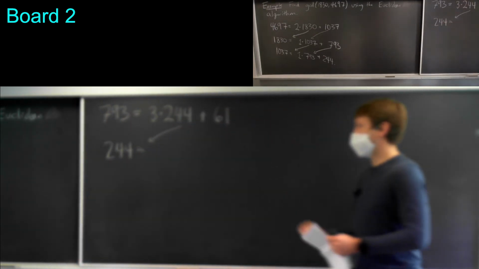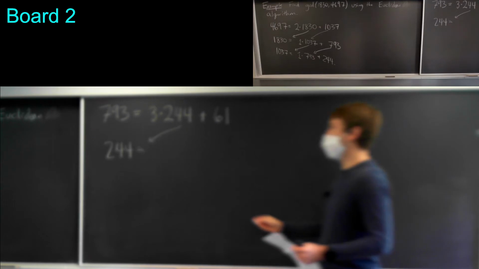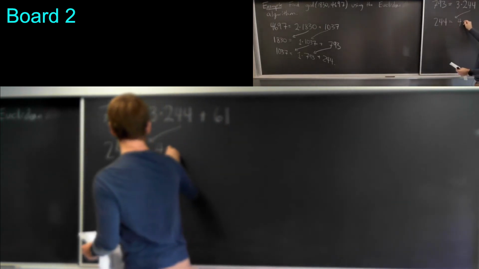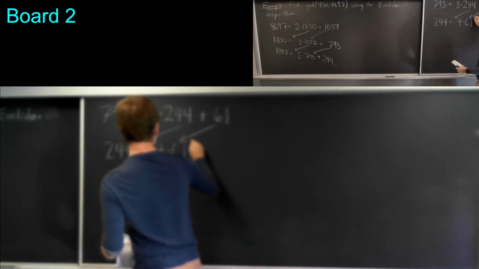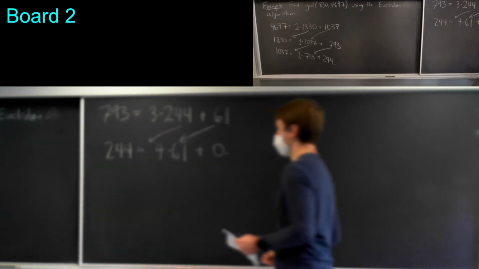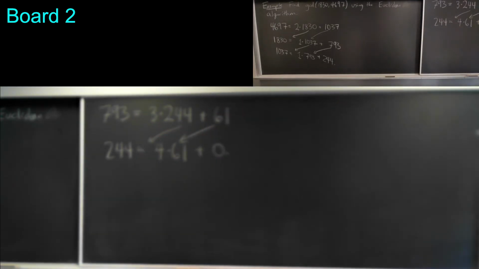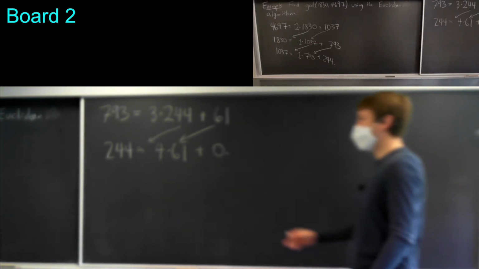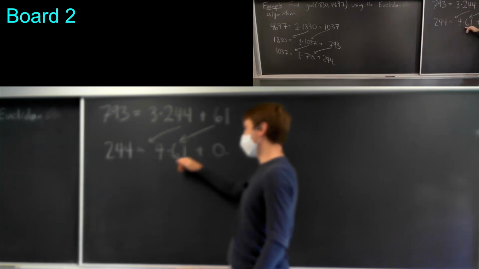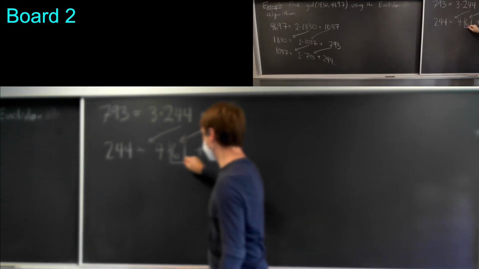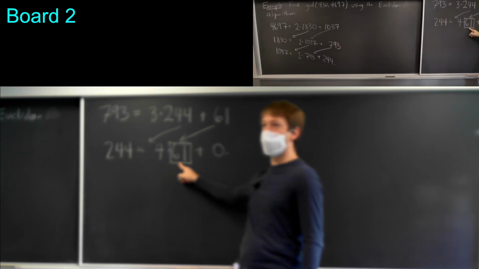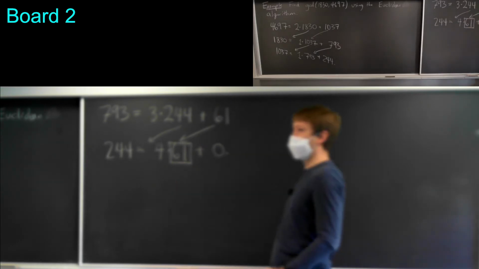If you think about it, this is exactly 4 times 61, plus 0. So what's the GCD? Exactly. So you keep doing this until you get a remainder of 0, and then you can lock this in and say the answer is 61.